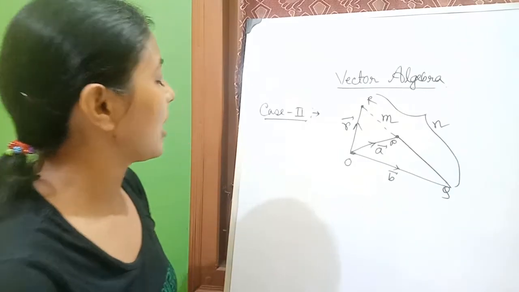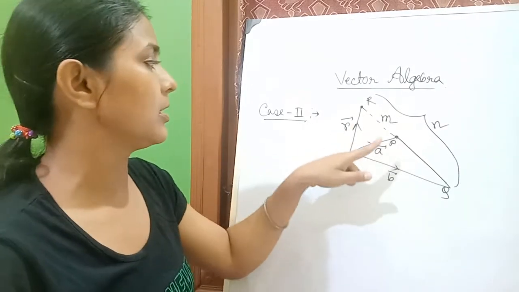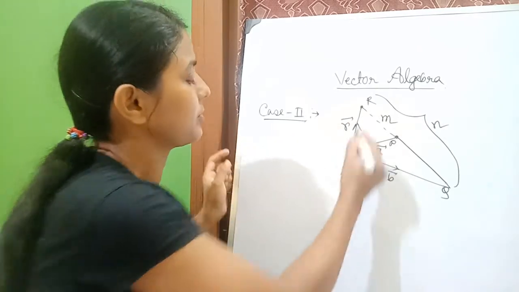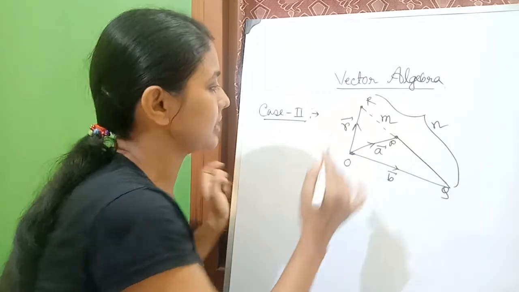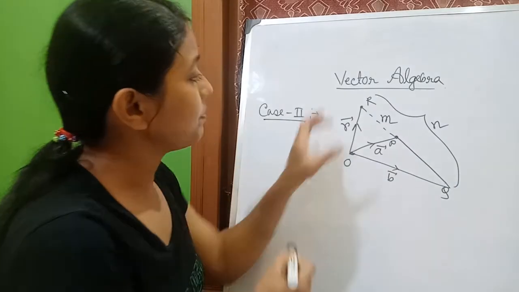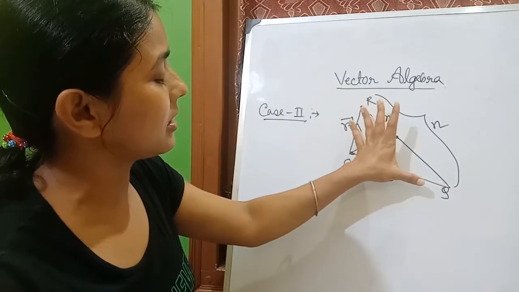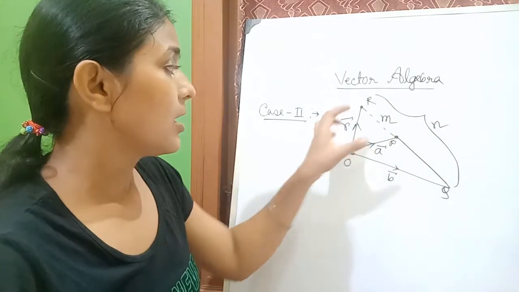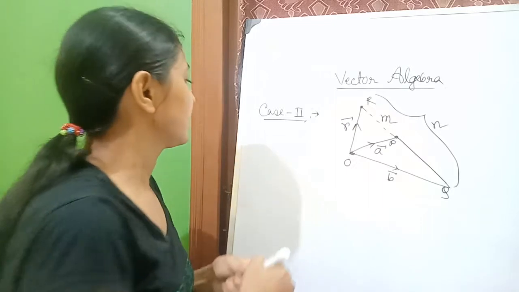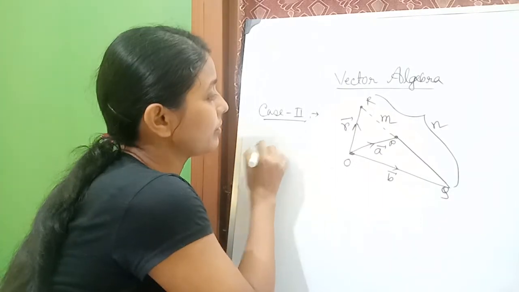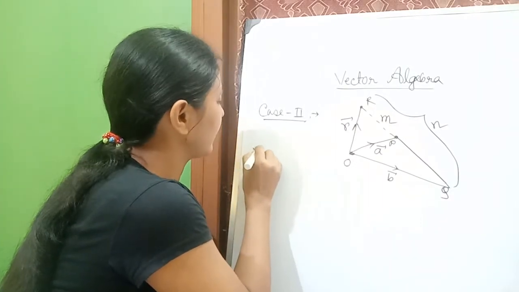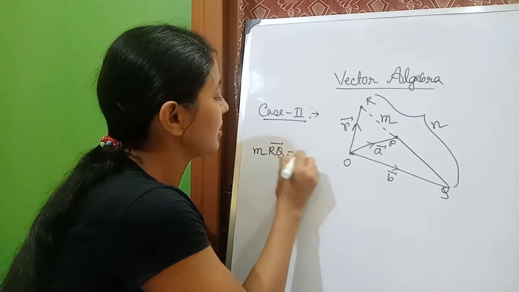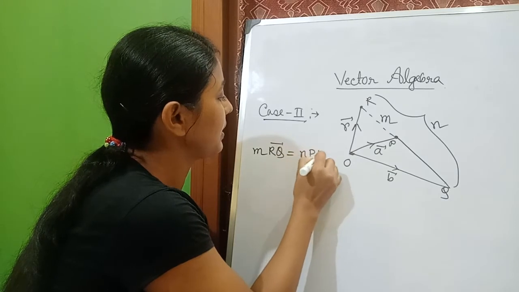Okay. Now from this figure, again we can do the same thing. From this you can see that PR divided by RQ is equals to M by N. From the same thing we can write down M RQ vector is equals to N PR vector.